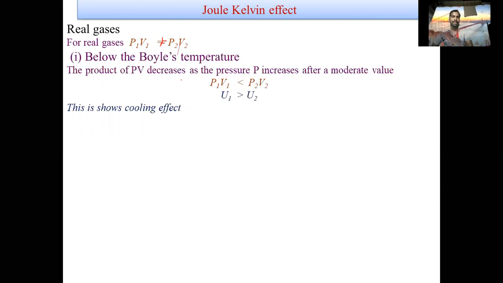That's why the initial internal energy is high compared to the final internal energy. That means the gas loses internal energy passing through the porous plug. This shows the cooling effect.